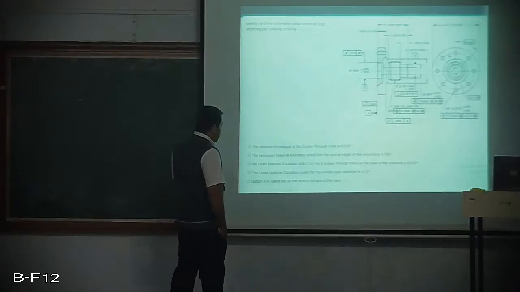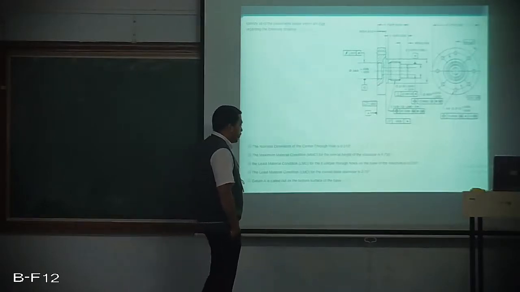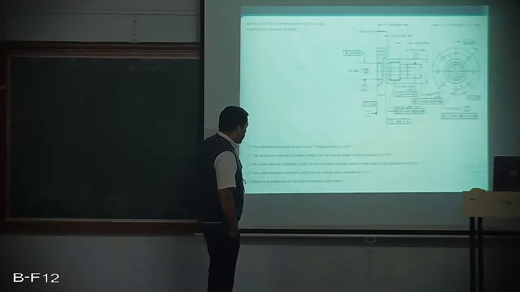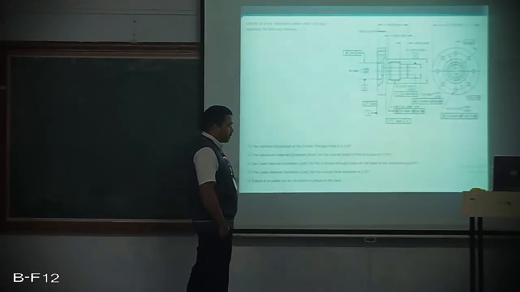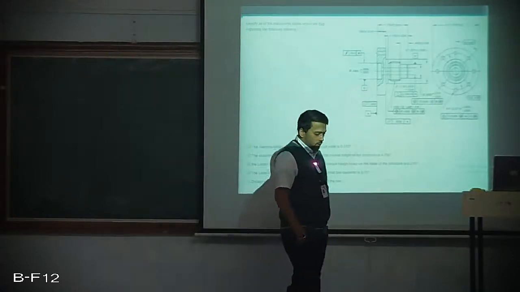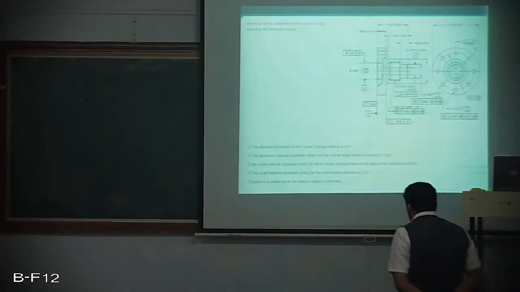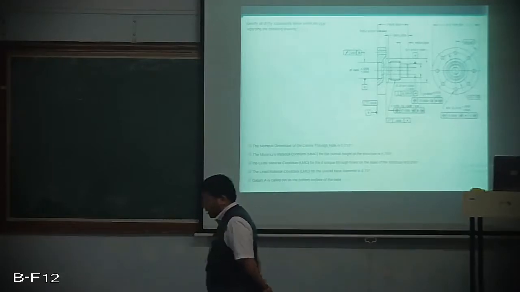And the fourth point is the least material condition for the overall base diameter is 2.75 inch. And the last, datum A is called out as the bottom surface of the base.